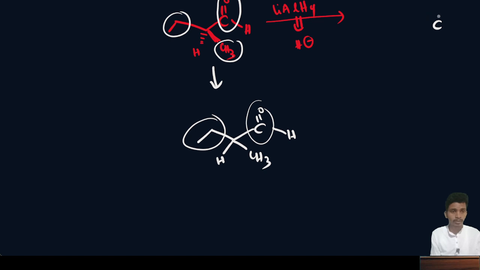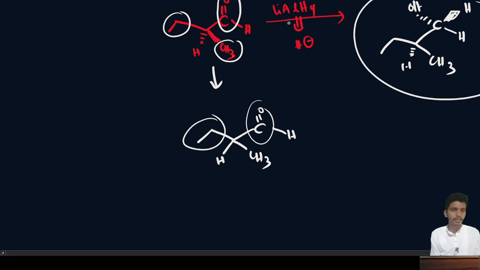So H will be on the above side, and this OH will be on the downside, because if it is H on one side, then the other will be OH, because already one is planar. And the same things remain as they are. This is the answer for this question.